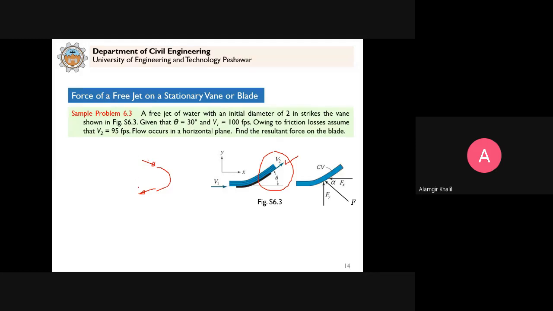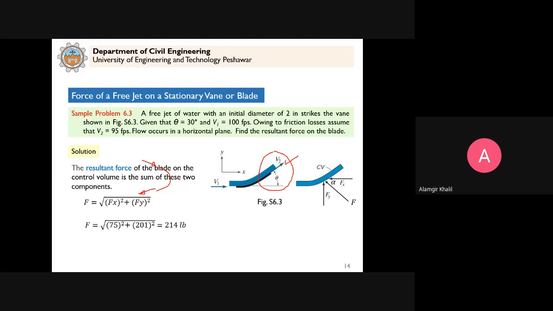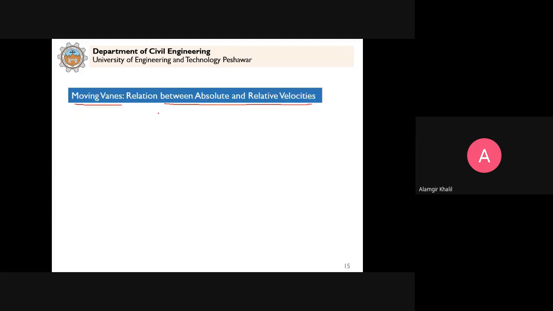Now if the vane is stationary, we can easily resolve these into components. But we now consider that the vane is in motion. Then we have to consider the relationship between the absolute and relative velocities.